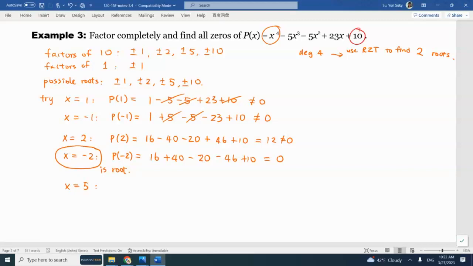Okay, so P of 5. It came out 5 to the 4th. Oh, let's put 5 to the 4th because next you see is 5 times 5 cubed. They're the same, right? And then minus 5 times 5 squared, 25, plus 23 times 5 plus 10. Right, everybody?